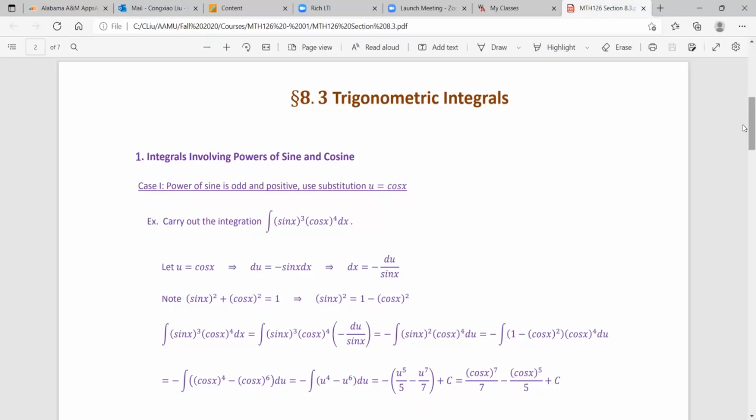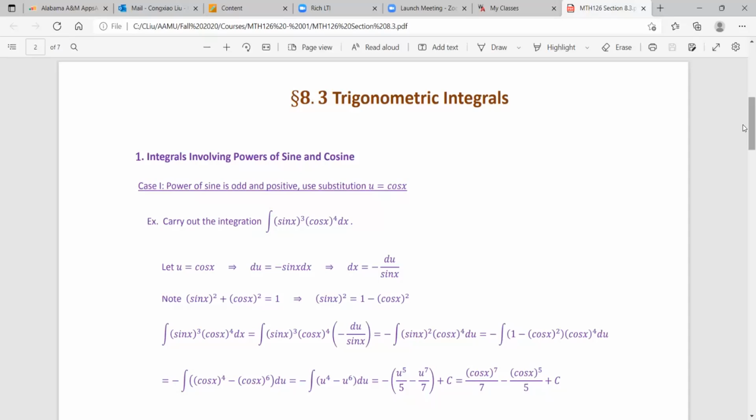To carry out the integration by substitution, we need to find du, the differential of u, which is defined as the derivative of u times dx. The derivative of cosine x is negative sine x, so du is negative sine x dx.